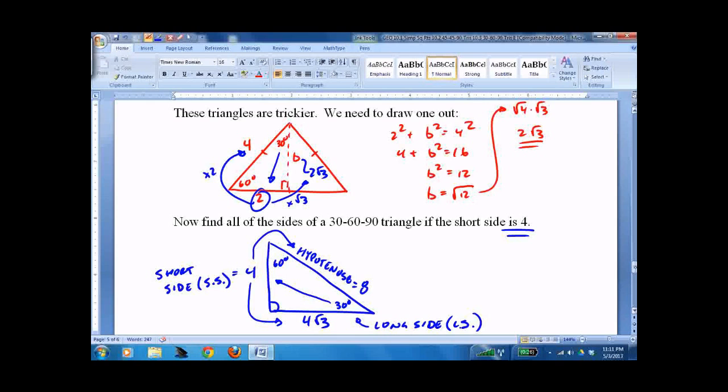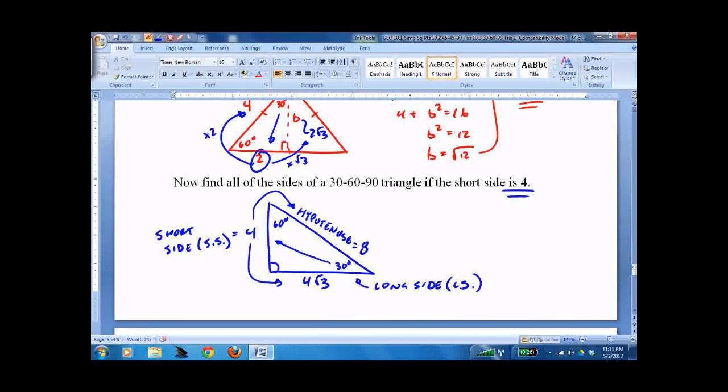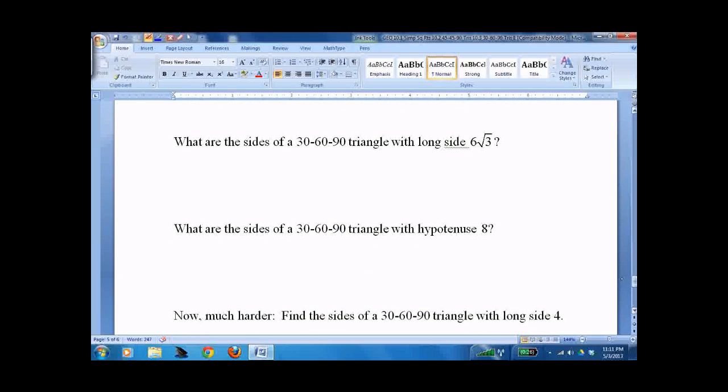You might want to pause this and make sure you think about it because we're going to roll through this. We've got a 30-60-90, and I have to acknowledge that. 60 degrees, 30 degrees. This is the short side. The long side, which we're told equals 6 root 3.